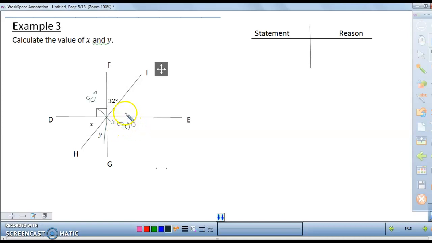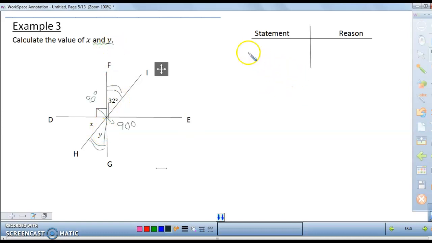Then I have this straight line crossing this straight line, so I've got vertically opposite angles there. And you can already answer part of this question. This must be equal to that, and this one is equal to that. But let's start with the first one because we can already say what y is.